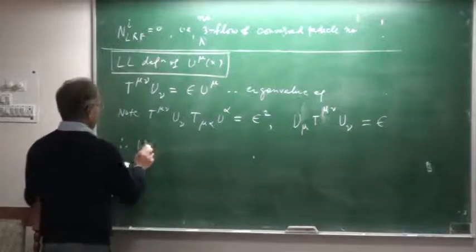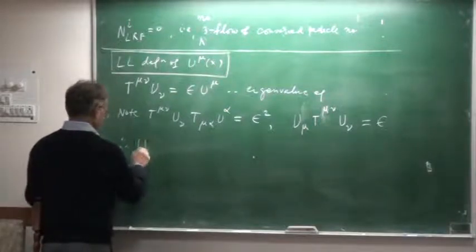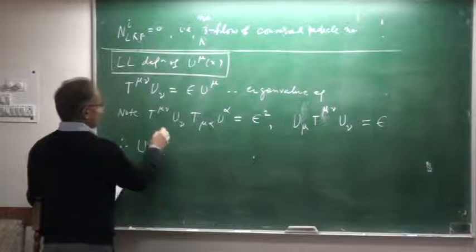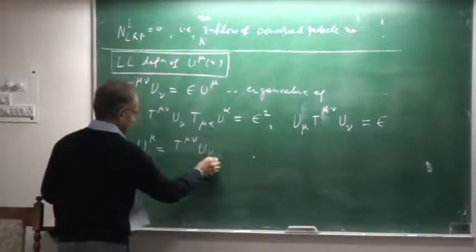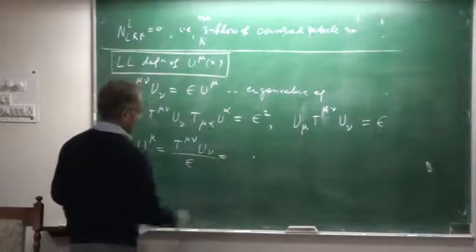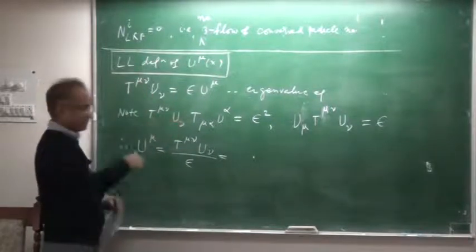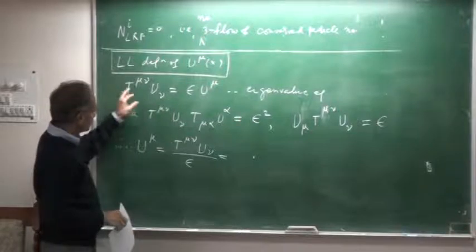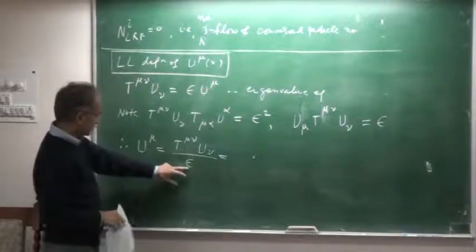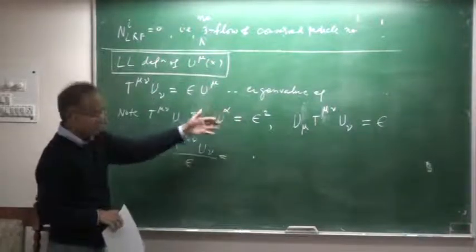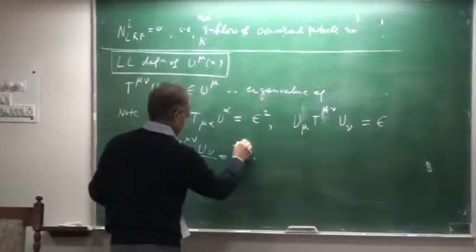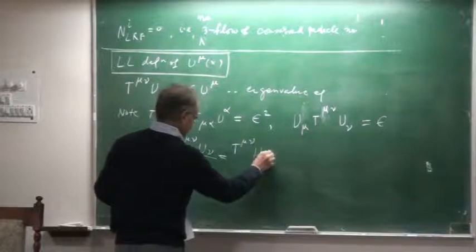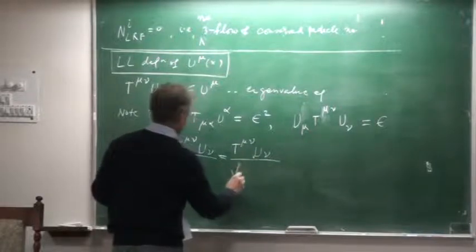Or you can write from here. Just like we did there, I can write this mu as this quantity divided by epsilon. By epsilon, I can use either of these two expressions. I write this symbolically.